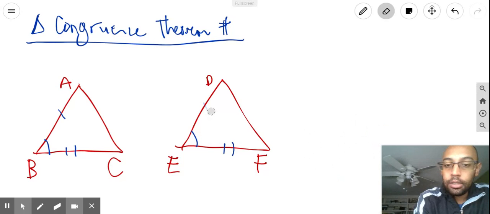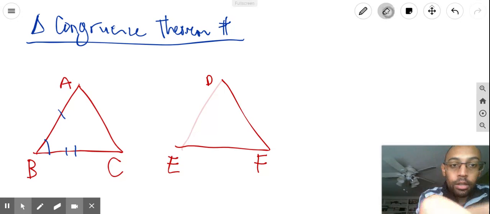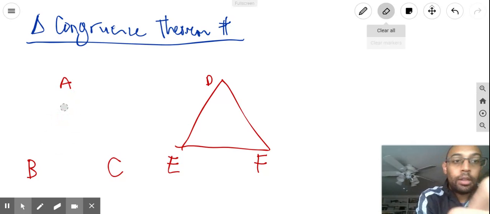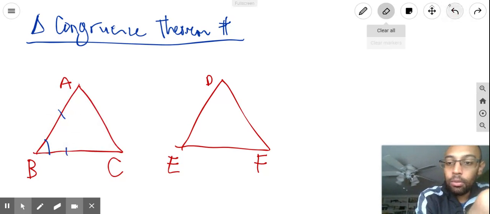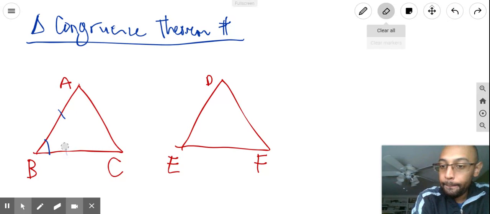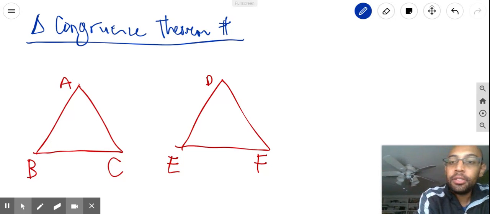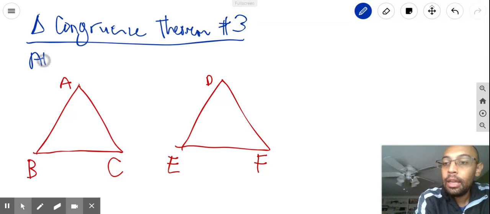And I just need to erase the tick marks and the angles here. And that did not work out the way I wanted to. Thank you for your patience. Okay, so the next one is congruence theorem number 3, and this is angle angle side.